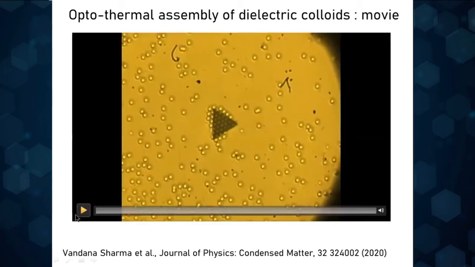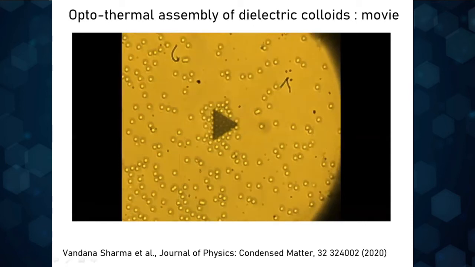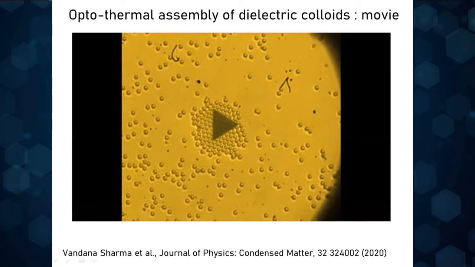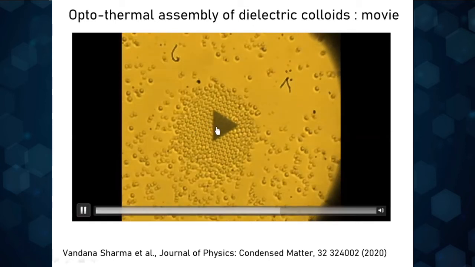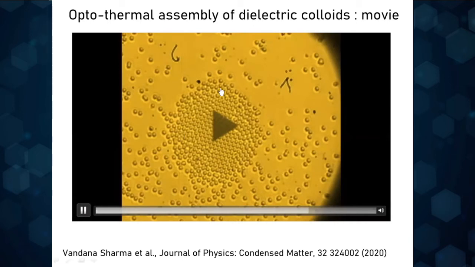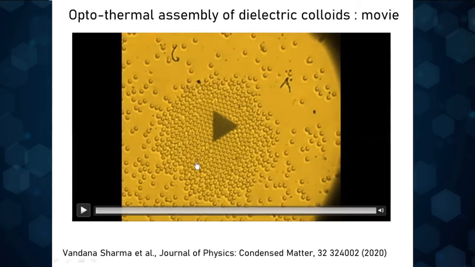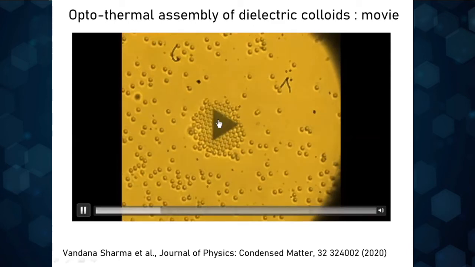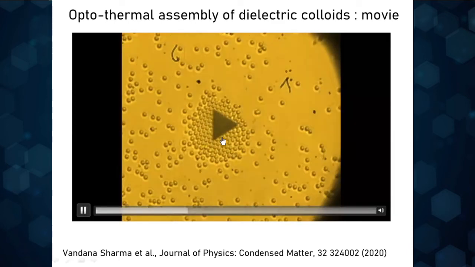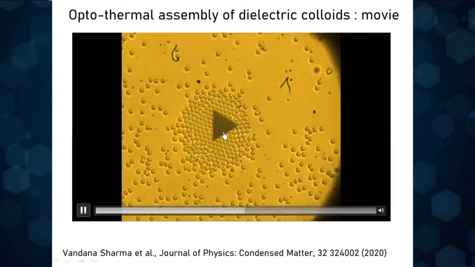One of the interesting things is that you observe a 2-dimensional crystal formation of colloids. What you're seeing here is roughly 3 micron colloids, which are assembling as a 2-dimensional crystal around this illuminated gold particle. And this gold microplate is single crystalline in nature.